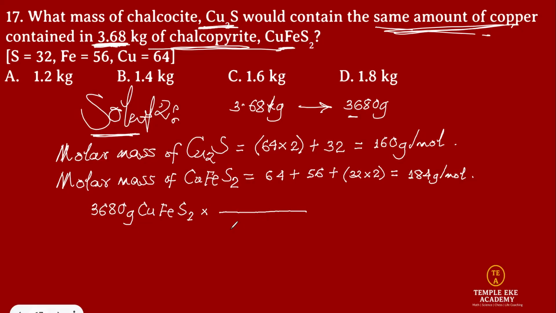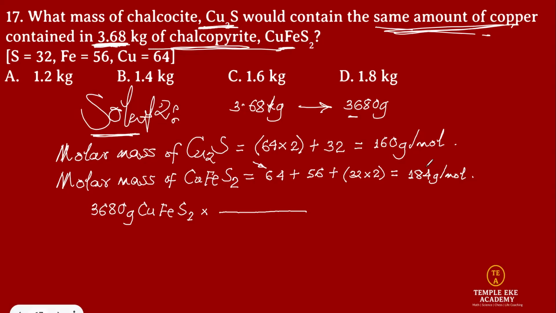How can we bring in the relationship so that we have gram of CuFeS2 in the denominator here? We make use of the molar mass. CuFeS2 here, we have 184 grams per mole. Out of the 184 grams per mole, we observe that 64 grams is contributed by copper, as you can see clearly there. So there are 64 grams of copper present in 184 grams per mole of that ore. And that is a relationship setup.